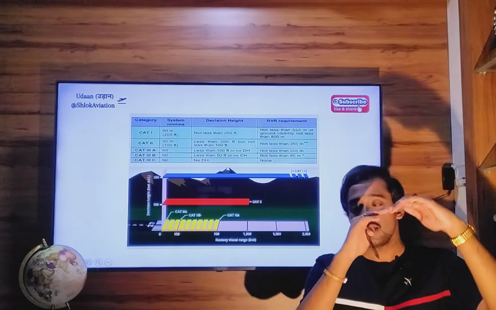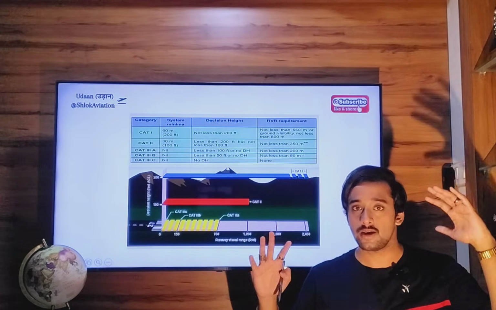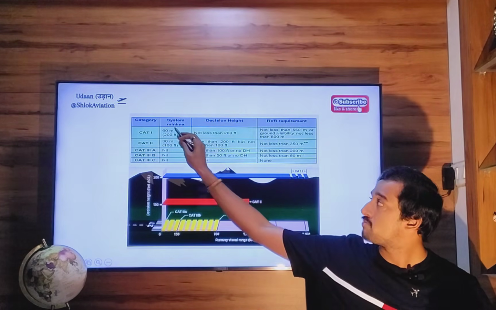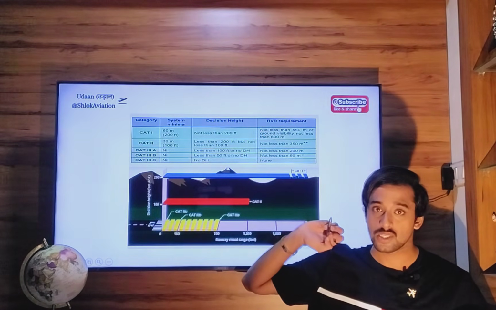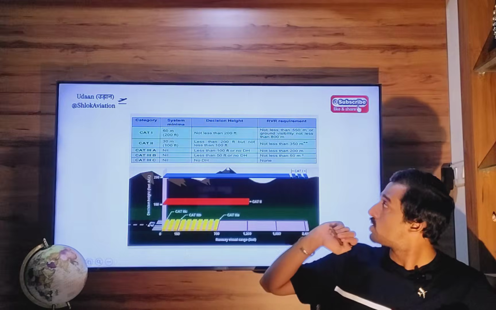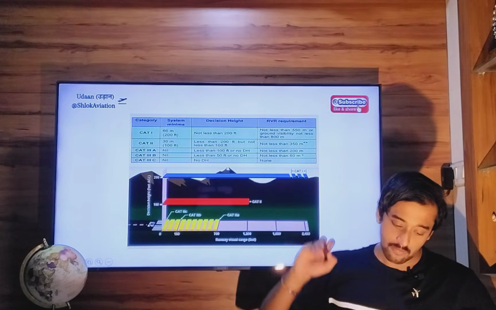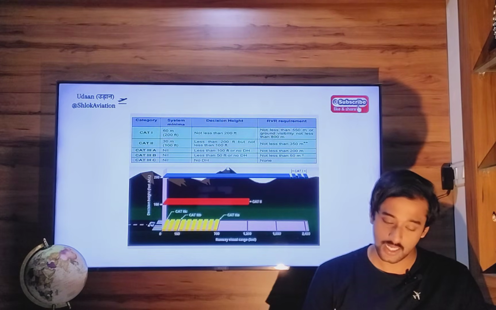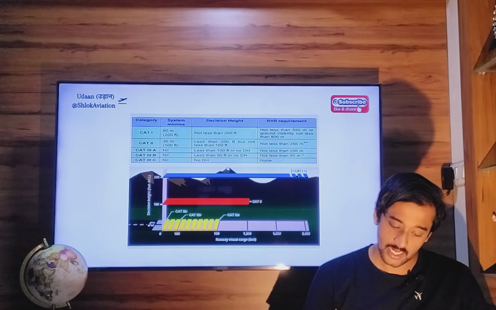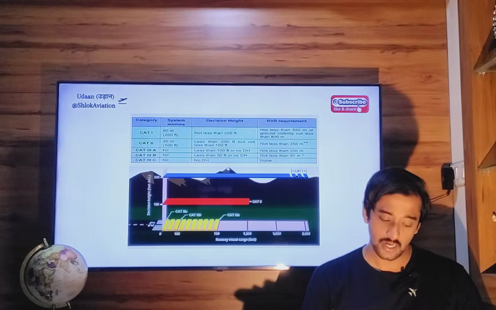System minima is 200 feet, visibility 60 meters. RVR requirement is not less than 550 meters or ground visibility not less than 800 meters.